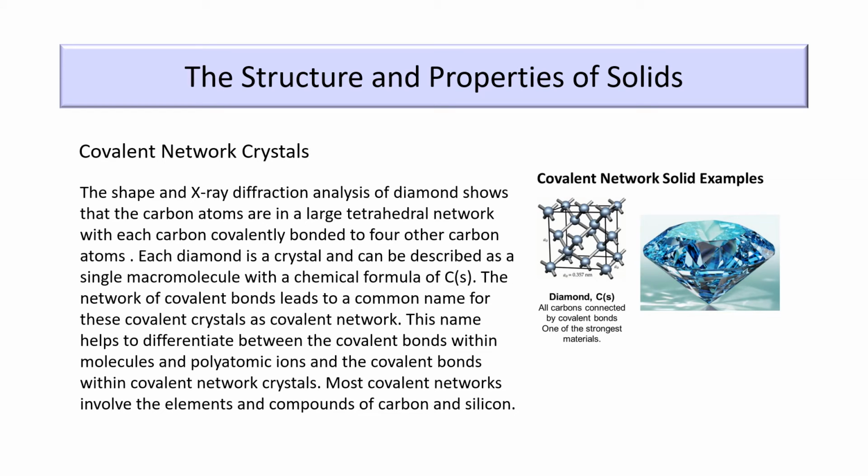This name helps to differentiate between covalent bonds within molecules and polyatomic ions and the covalent bonds within covalent network crystals. Most covalent networks involve the elements and compounds of carbon and silicon.